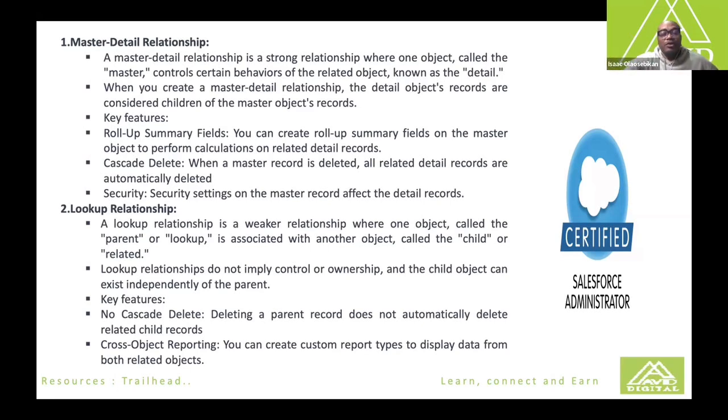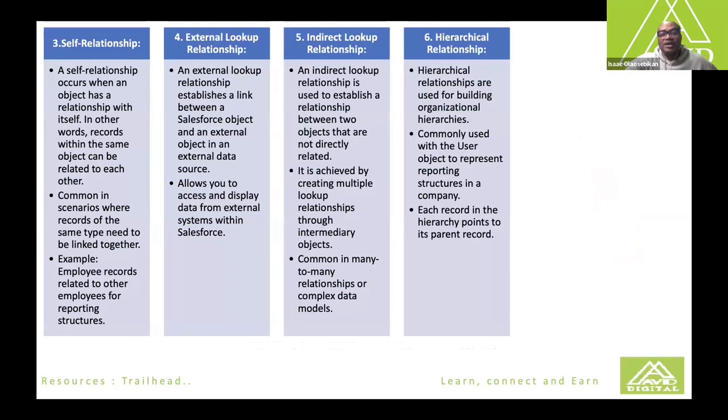You can use that report to actually run things on them. They are not related to you like that at this point. I must be sincere: anything to do with self relationship, external lookup relationship, indirect lookup relationship, most times it has to do with advanced Salesforce administrator.